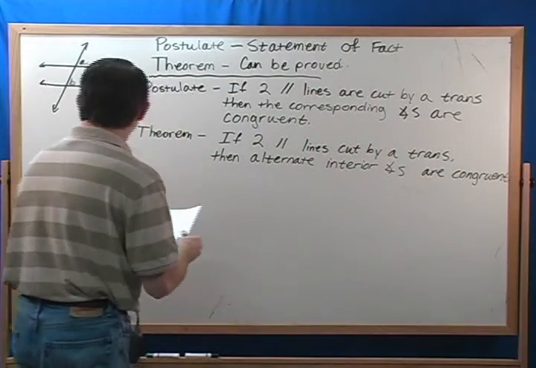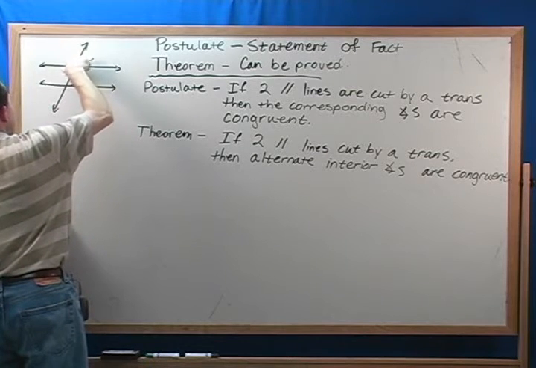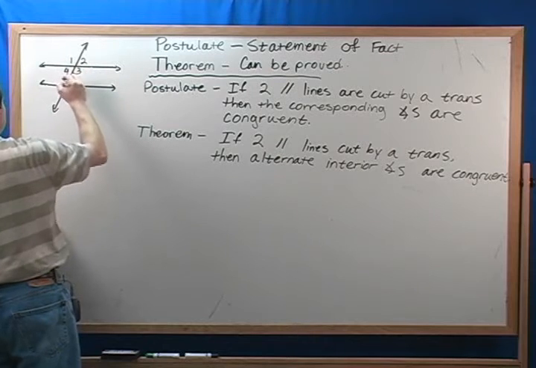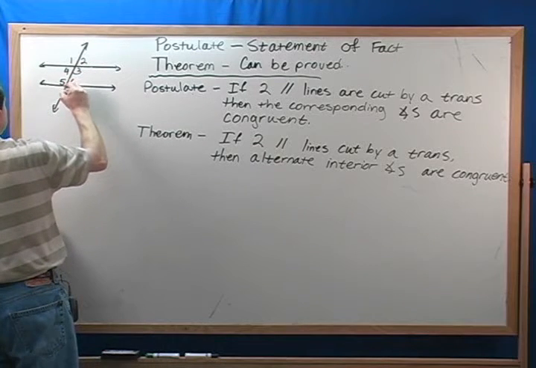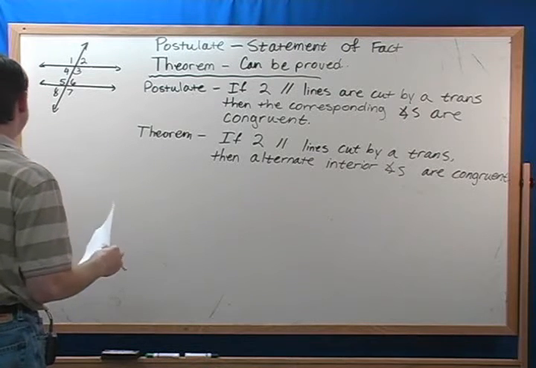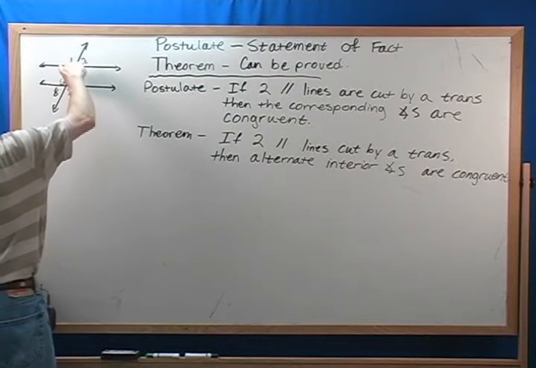Okay, so let's go back to our drawing. Let's figure out what that one means. We'll take this off. Okay, so I'm going to label 1, 2, 3, 4, 5, 6, 7, 8. What are the alternate interior angles, first of all? Well, these are the interior angles. The alternates are 5 and 3, and 4 and 6.